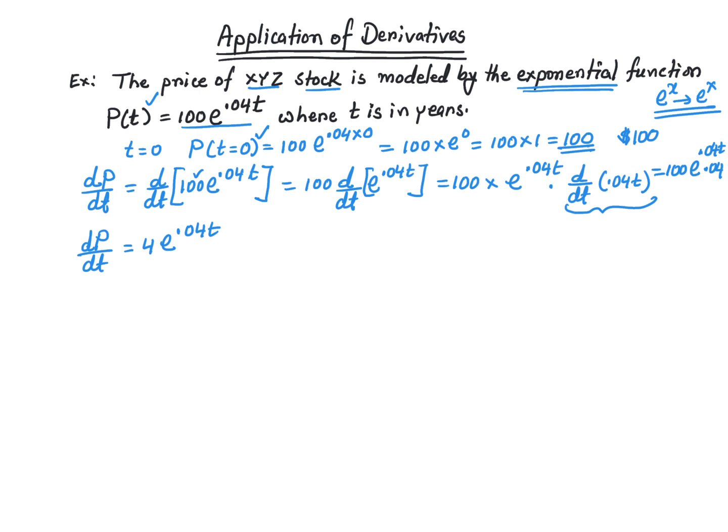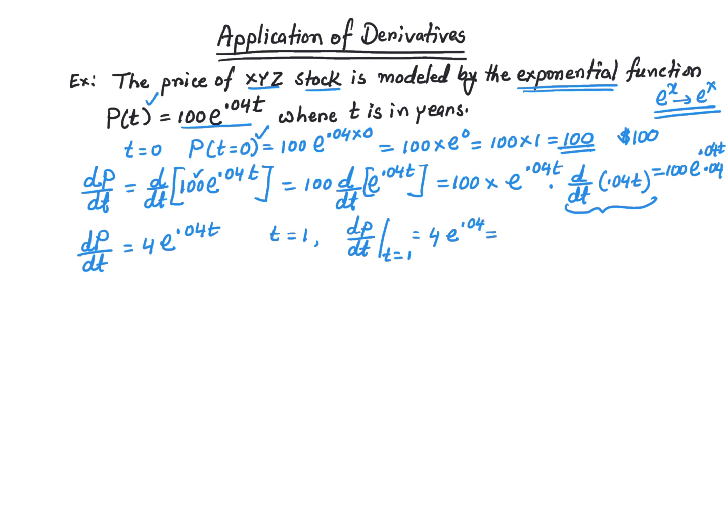So this is the rate of change formula, how the stock price is changing at some point in time. Now you could take t equal to 1, and then your rate of change is dP over dt evaluated at t equal to 1. That means after 1 year it's going to be 4 times e to the power 0.04 times 1.